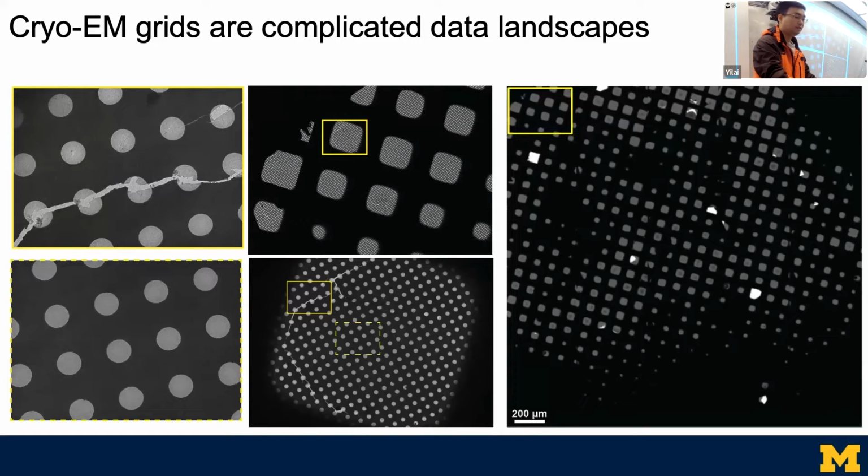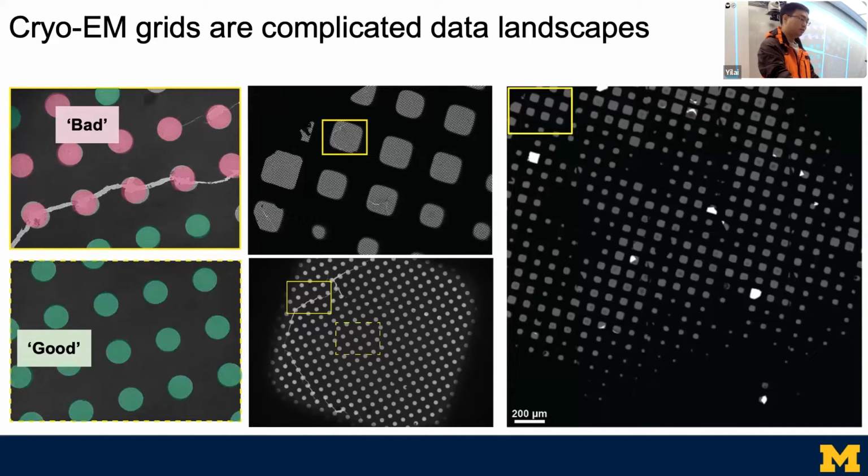On the right is the atlas image. When you zoom in, you have multiple squares. You zoom into one square, you can see all the holes in it, and then you take patch level images. And this patch has some ruptured holes. So we don't think these holes are good ones, and we think probably these holes are good ones.